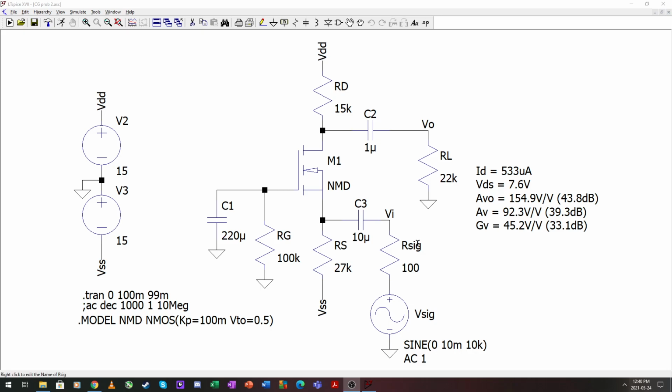So here is our amplifier, 27k, 15k's, 100 ohms here on input. I took the liberty again of getting the values beforehand. So 7.6 volts is close to the 7.5 we were designing, and this is also close to the 500 microamperes we were designing for, and these values correlate quite well with the ones we calculated in the analysis part of the design.